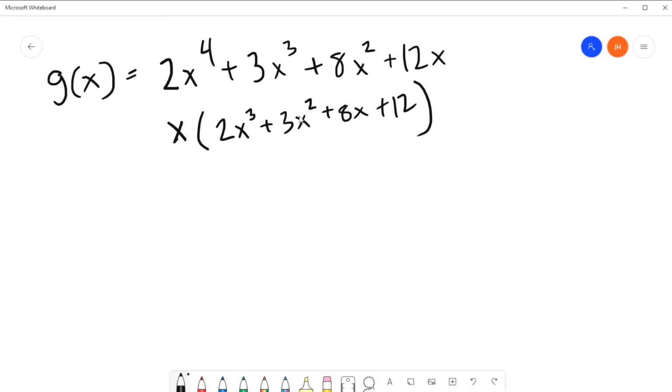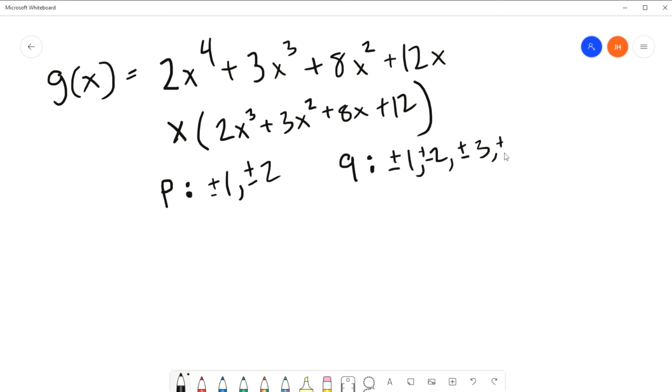Now I'm going to focus on these for my P and Q. So my P is, remember, the factors of the leading coefficient, so 2. So it'd be plus or minus 1 and plus or minus 2. My Q will be the factors of the constant. So that is plus or minus 1, plus or minus 2, plus or minus 3, plus or minus 4, plus or minus 6, plus or minus 12.